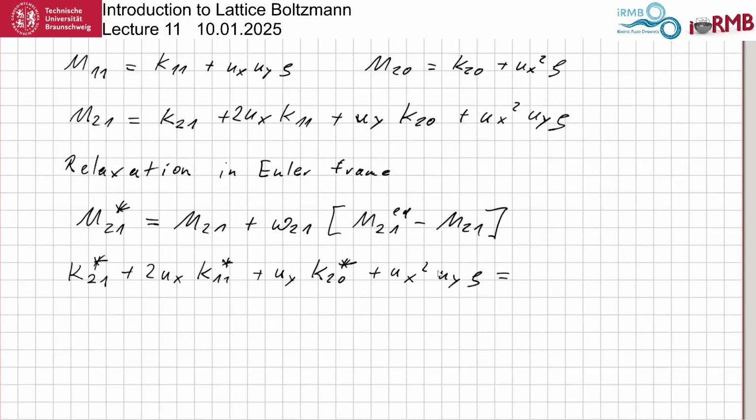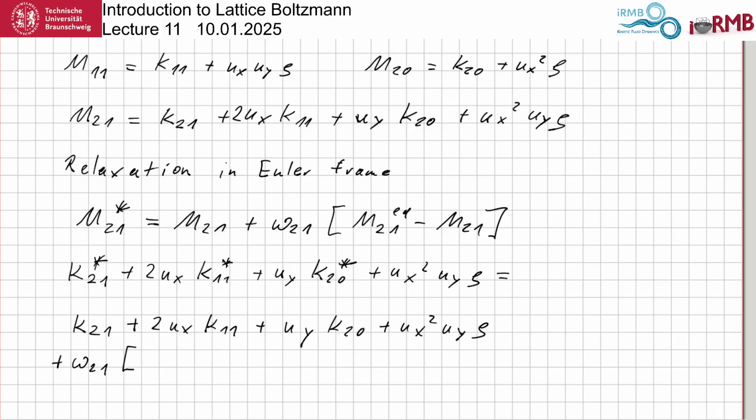Now this is equal to what is on the right-hand side, the pre-collision. It's all the same, just in terms of pre-collision, plus uy K20 plus ux square uy rho. And then comes omega 21.